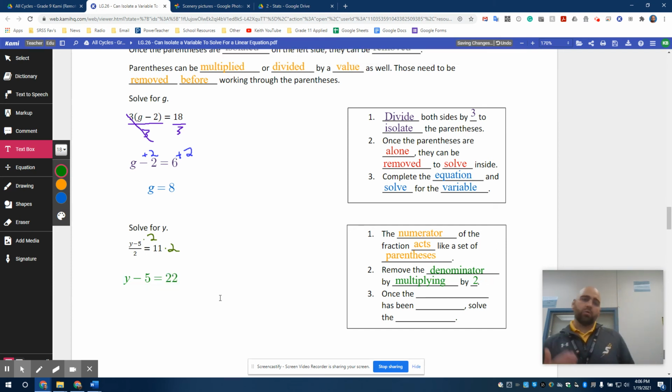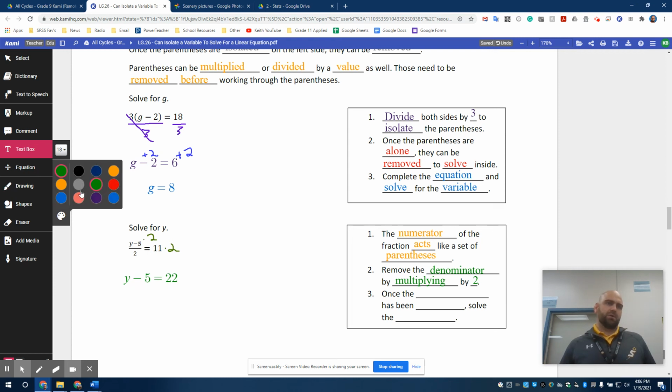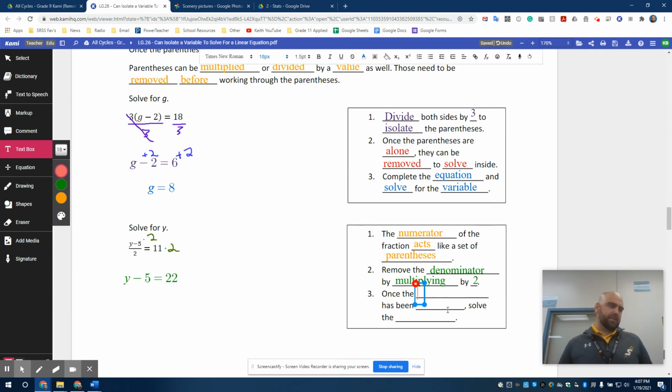So again, we got rid of the denominator, and when we did that, it really opens up the equation and makes it a whole lot easier to solve. And as I said, once the denominator has been removed, it no longer has the power.